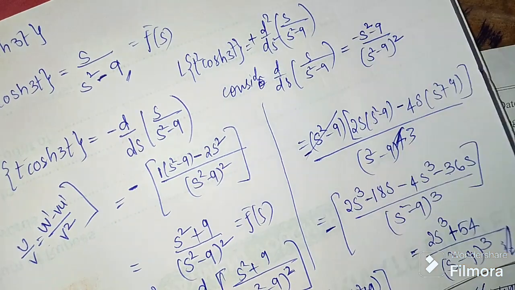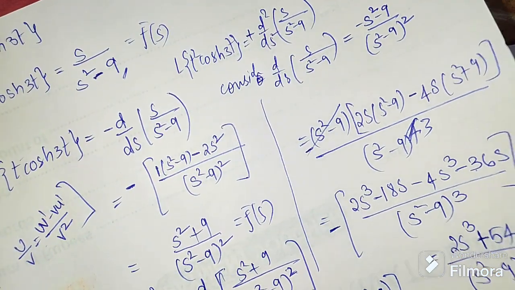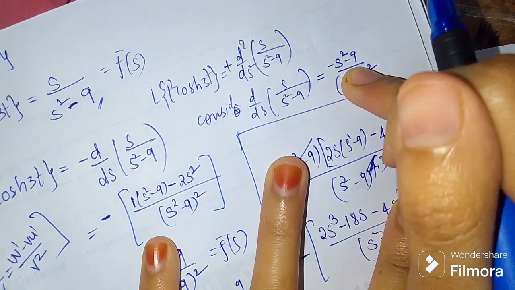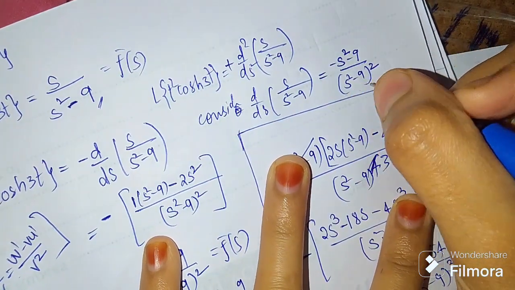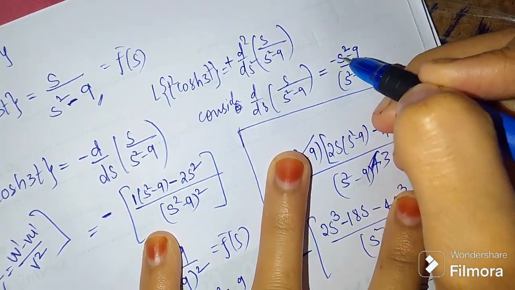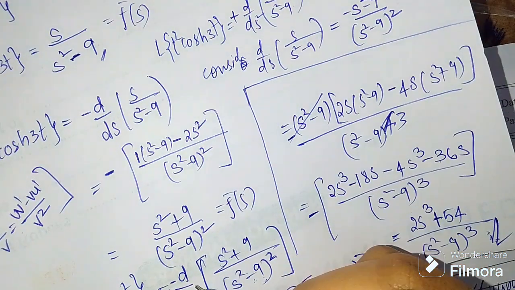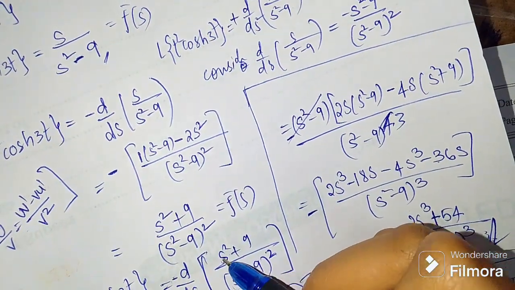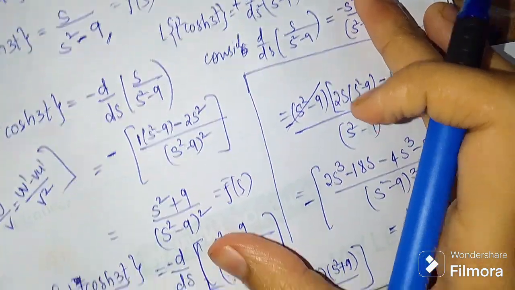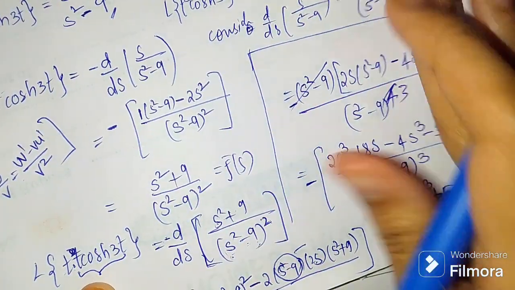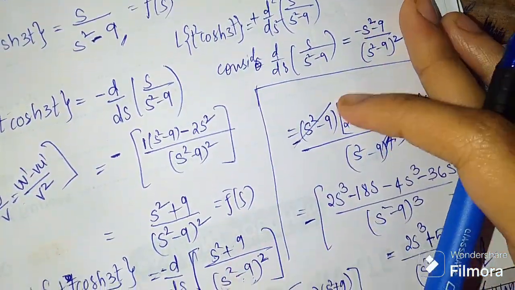You'll get like this. And this is only one derivative. Again you have to find derivative now. So you should take again derivative. If I put this minus outside, you can see this step and this step is same. Here if I multiply minus (s square minus 9), eventually you will come to the same answer. You proceed any way you like.